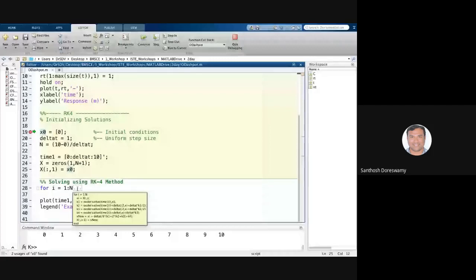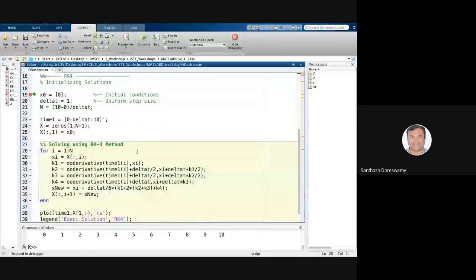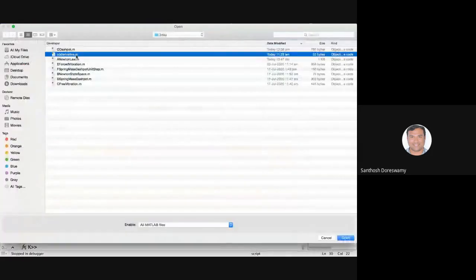Then I will start running a loop to estimate the values of the k's for each iteration. I will compute the value of the k's using a function called OO derivative. Suppose I open that function, OO derivative.m.